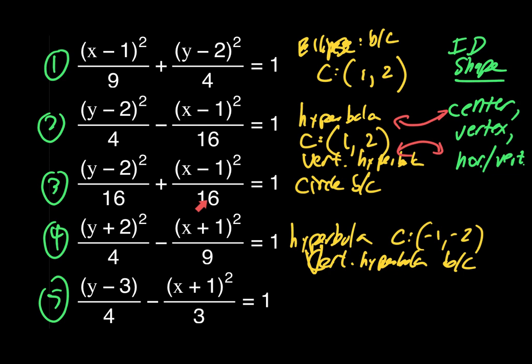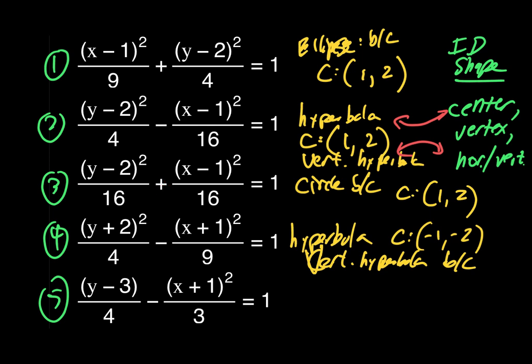So the width is the same as the height. Well, then that makes my ellipse a circle. And my center will be 1, 2, because what makes the x 0 is 1, and what makes the y 0 is 2. And it's a circle because the bottom number is the same and we're adding.